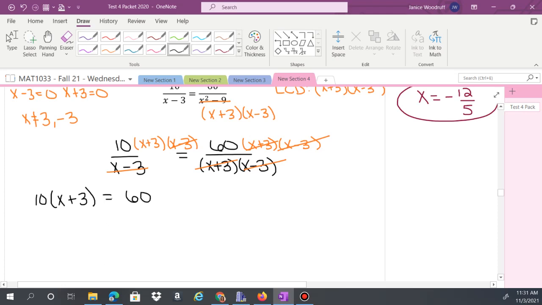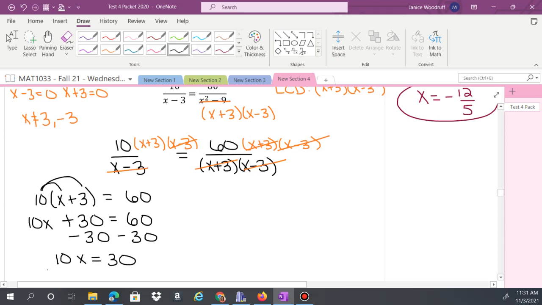And then we're going to go through and solve that. So 10 times x is 10x. 10 times 3 is 30. We will subtract 30 from both sides. That'll give us 10x equals 60 minus 30, 30. And then divide by 10.